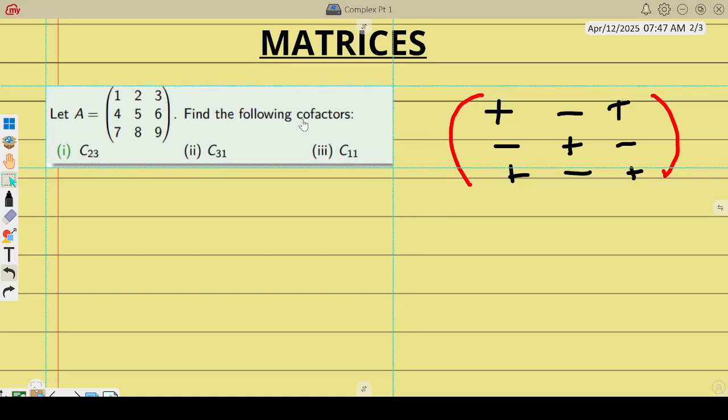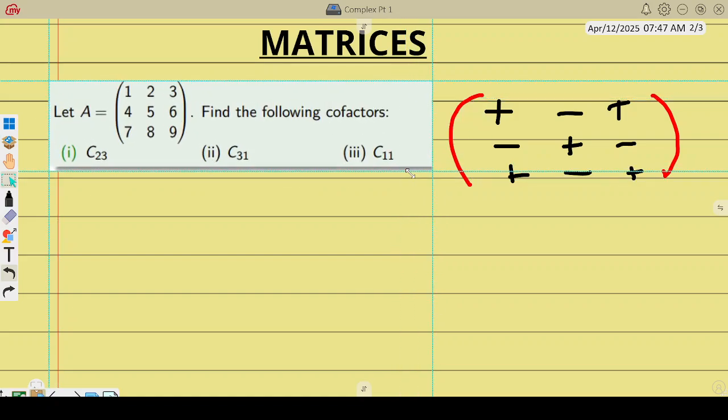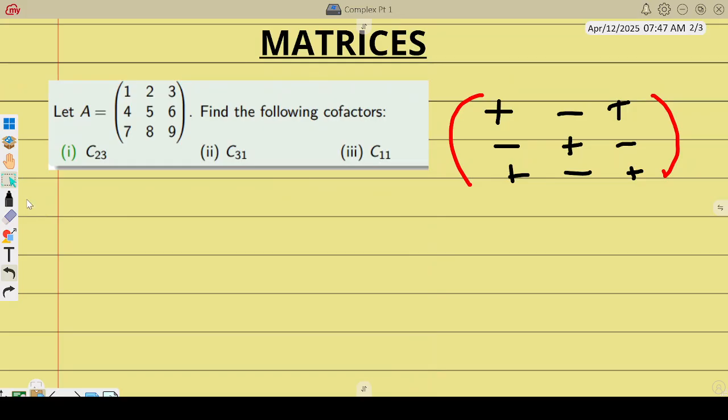Find the cofactors. So we have the same 3 by 3 matrix, but want to find the cofactors. The cofactors are just minors, but with a dedicated sign. There is a way of determining it where we write negative 1 to the power i plus j times the minor.